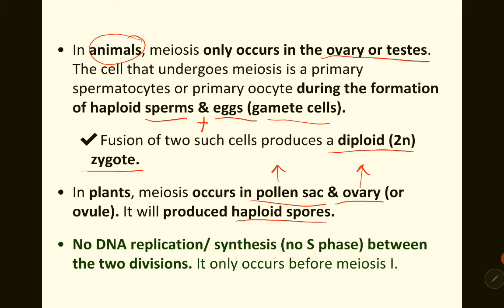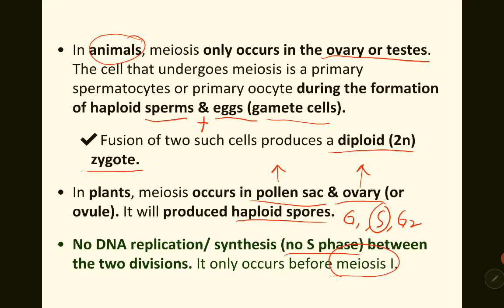There is no DNA replication, no S phase, between the two divisions. It only occurs before meiosis 1. Remember in the previous video we learned about the cell cycle, which has G1, S phase and G2. In S phase, the process of DNA replication occurs.